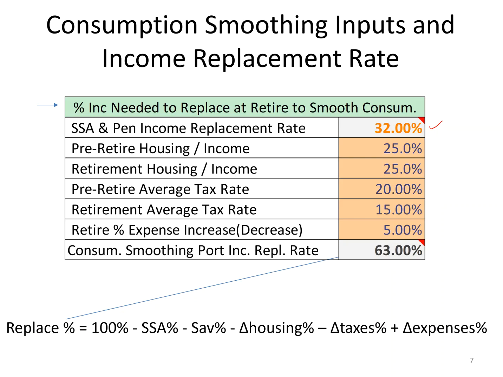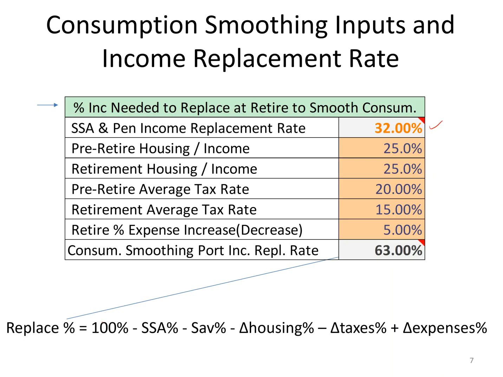In retirement, you receive $32,000 in Social Security benefits. Well, in that case, if I took 100% minus my 32% of Social Security replacement, I'd only have to replace 68% of my retirement income to smooth my consumption.